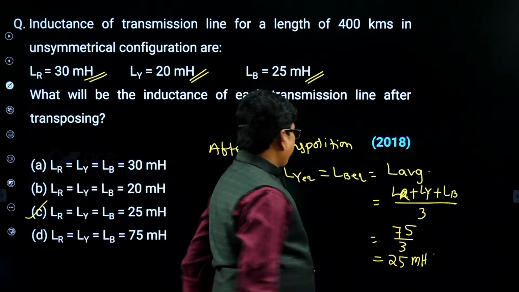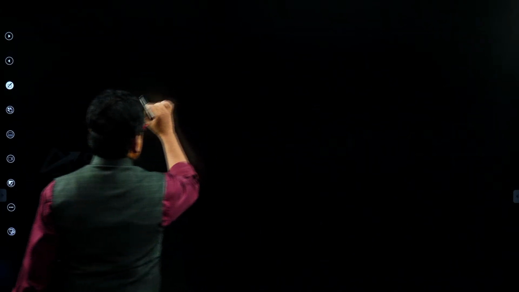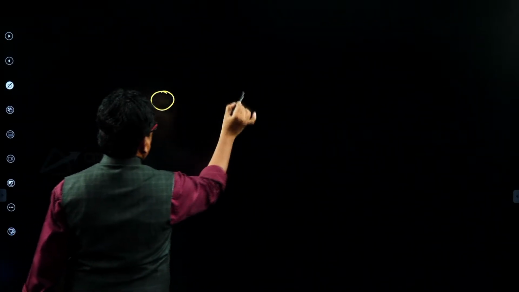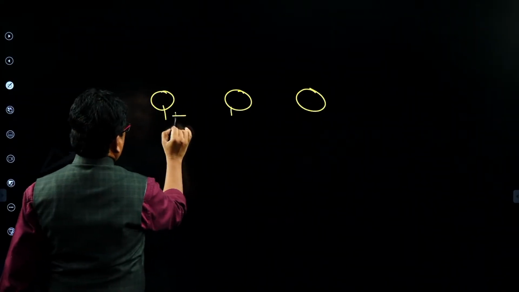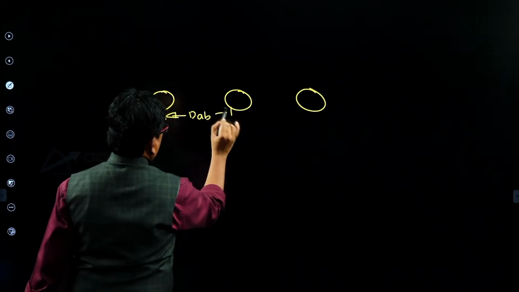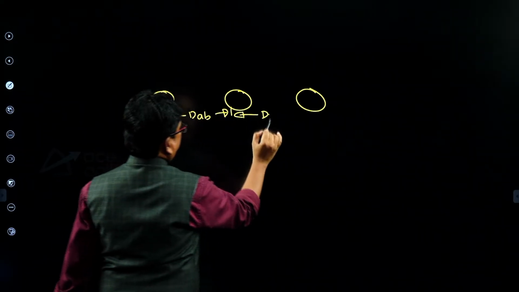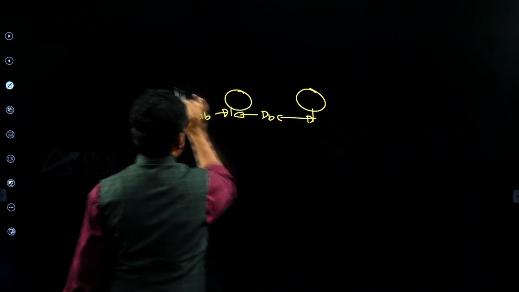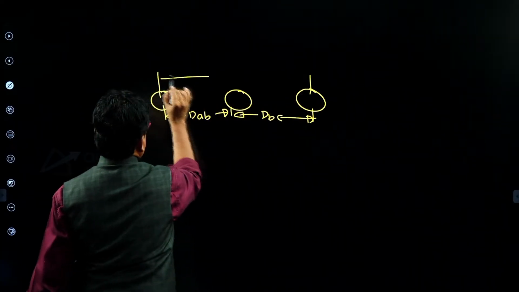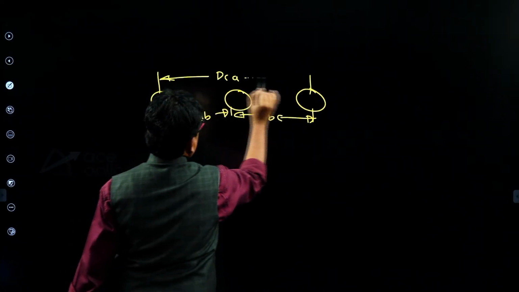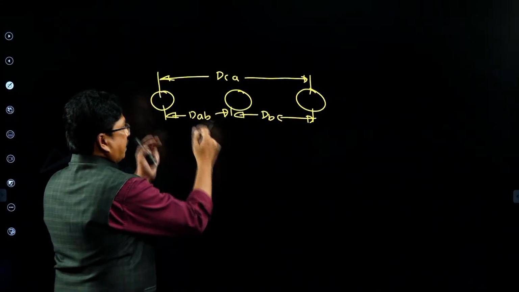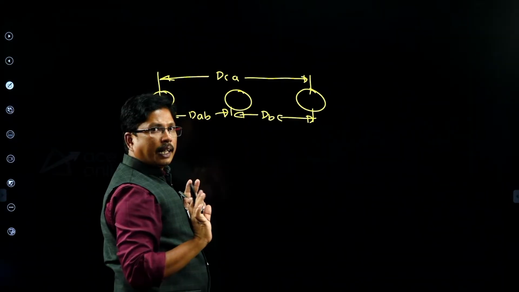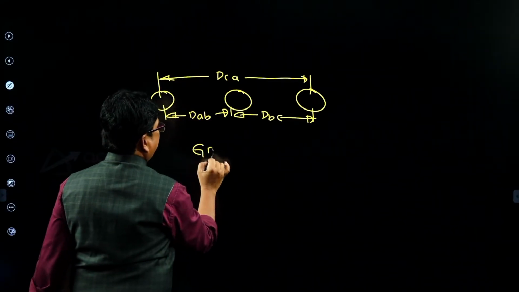So, actually we are having conductors in unsymmetrical configuration. The distances are different now, DAB, DBC and DCA. After doing transposition, distances are like this only. But GMD will be the same.